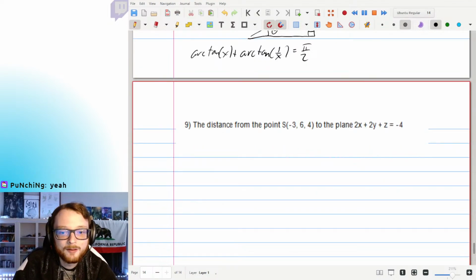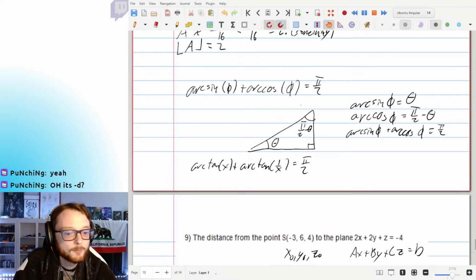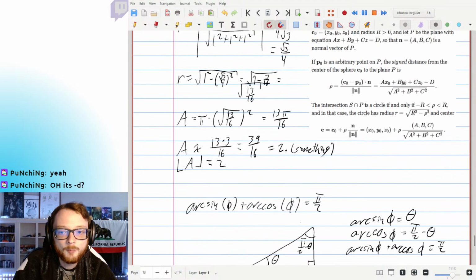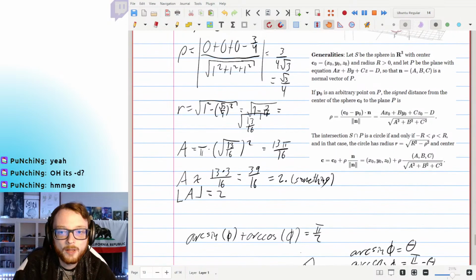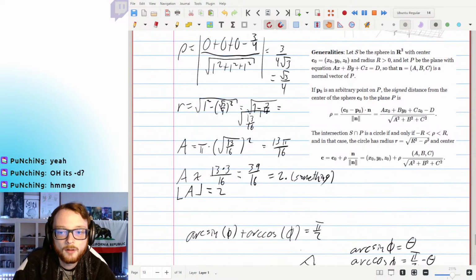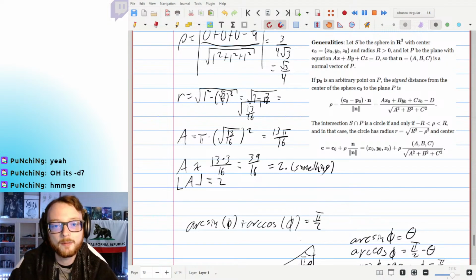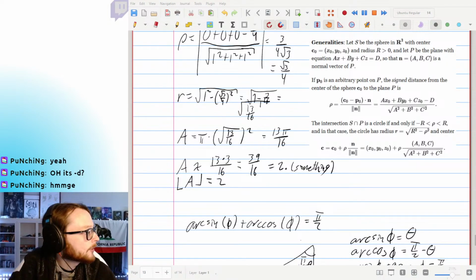If the plane is ax plus by plus cz equals D, and that's x naught, y naught, z naught, minus D? It could be, oh, wait. Yeah, it is. I think so. I'm pretty sure it is.